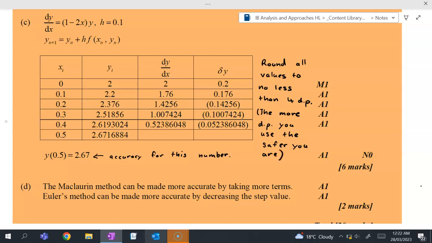So I would say at a minimum go to 4 decimal places, but you could go to more if you wanted to.